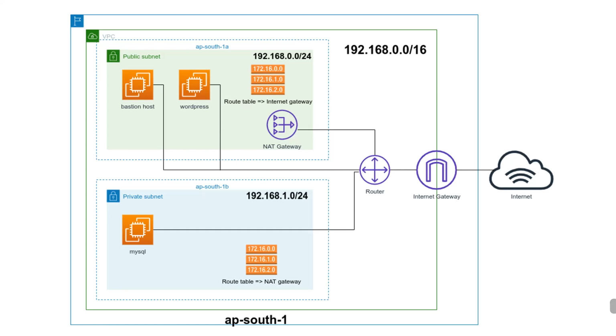And when the NAT gateway is created, there is an ID, the NAT gateway ID comes, right? And this ID you have to mention in the private route table, right?